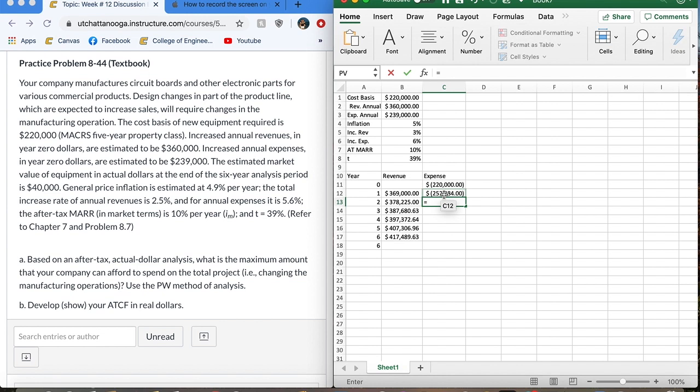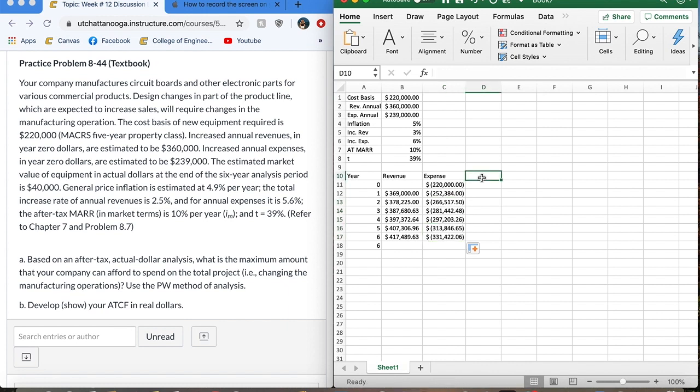And we're going to do the same thing we did in the revenues column again and add this times the increase in expenses. Again, need to make this an absolute reference. And we can drag this all the way down. I end up with $331,422.06 at the end of year 6 in expenses.